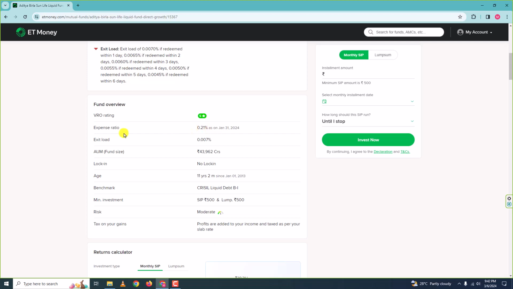So you know about this. Exit load here is very less, 0.007 percent, and you can see the AUM. It is very huge, 43,962 crore rupees. No lock-in period, and this is the benchmark against which the returns of this particular fund would be compared. And minimum investment is 500 in SIP and lump sum of 500. The risk of this fund is moderate.